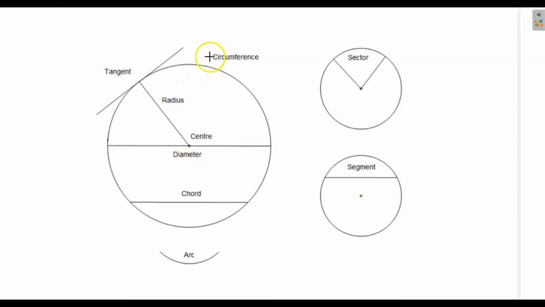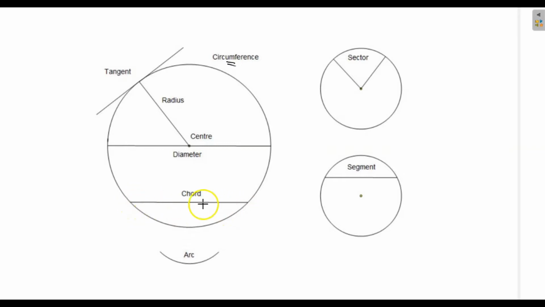And then we said we also have the circumference of the circle, which simply refers to the total distance round the circle. And a section of the circumference, or part of the circumference, is known as the arc. Then we also talked about a chord.